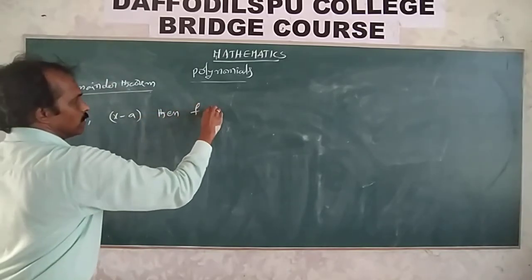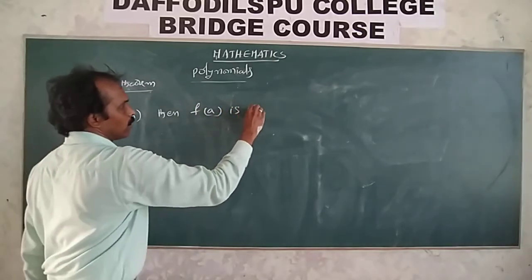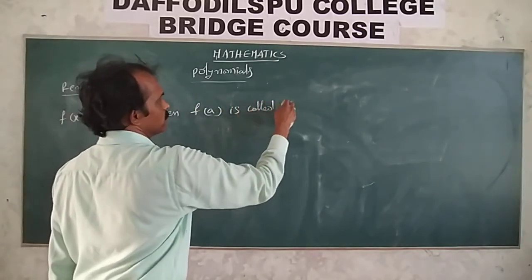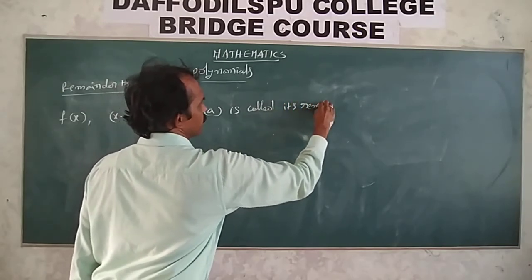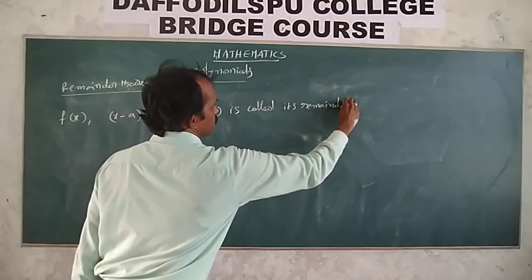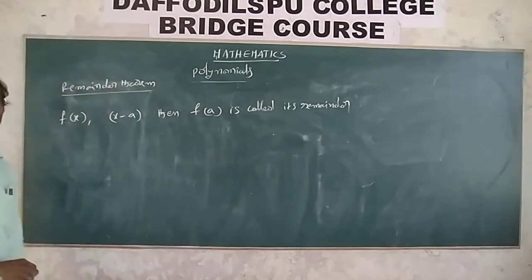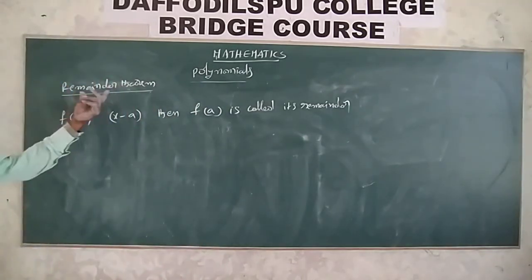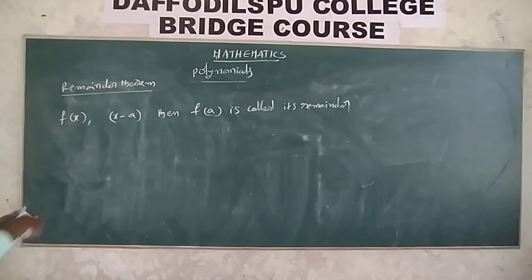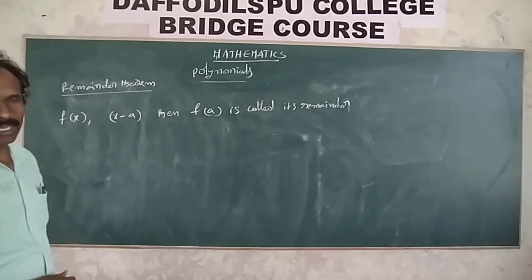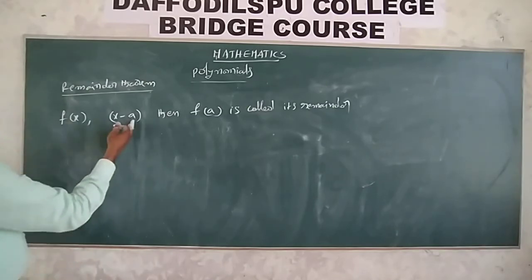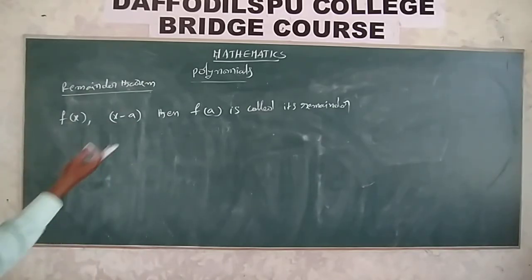Then f of a is called its remainder. F of a is called its remainder. Here f of x is a polynomial, x minus a is the divisor, then f of a is called its remainder. A is any real number.